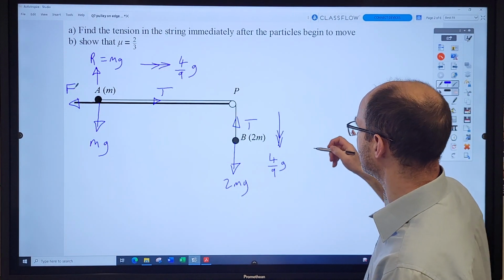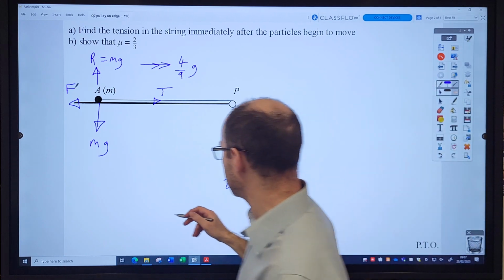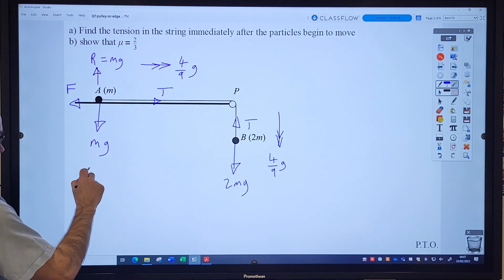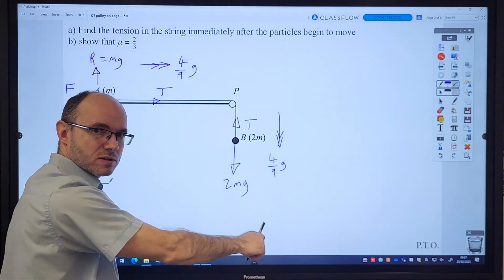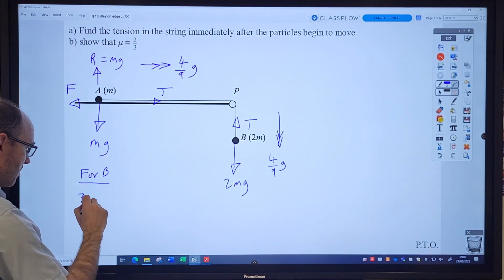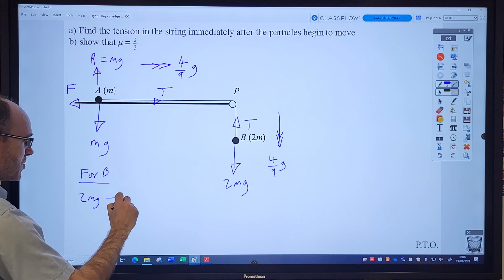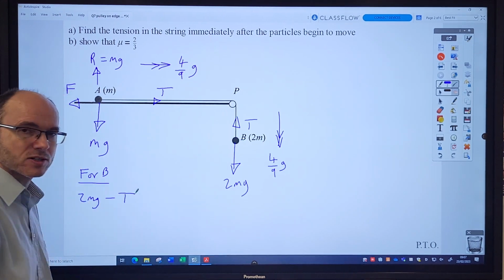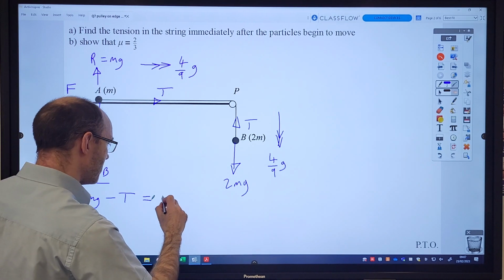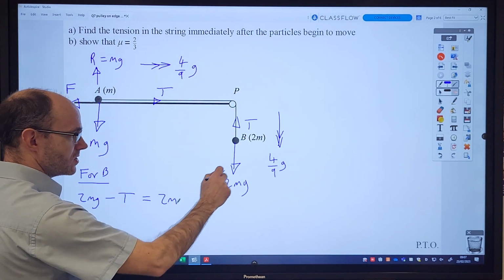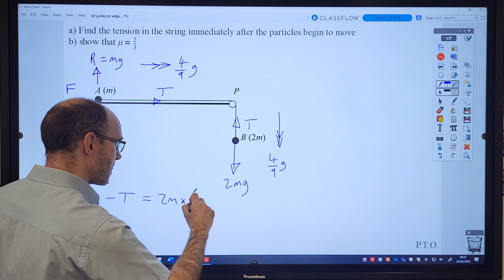So for B, let's write it here. The acceleration is downwards, so 2mg will be positive, and then subtract T, because it's in the other direction, is equal to mass times acceleration. The mass is 2m, and the acceleration is 4/9 g.